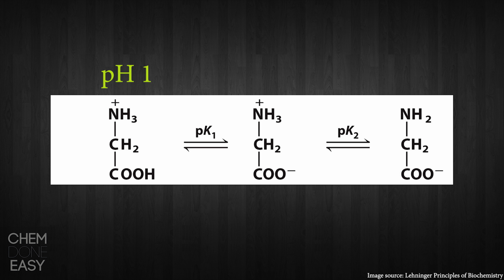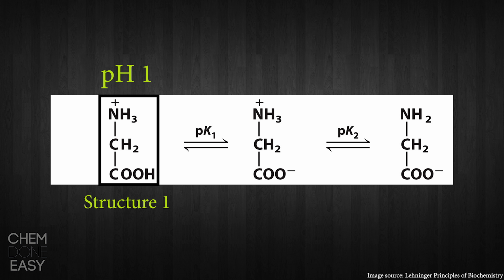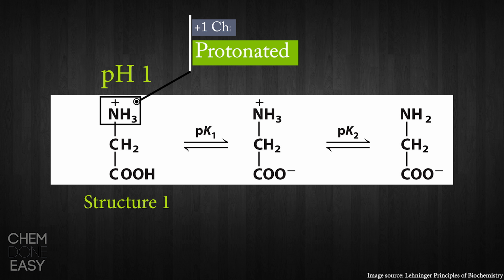When we placed our glycine into the pH 1 solution, structure 1 will be present, as glycine is in an incredibly acidic environment. By taking a closer look at structure 1, we can see that our amino group and our carboxyl group are both protonated. So if we observe this structure and count its overall charge, we can see that the amino group is +1.